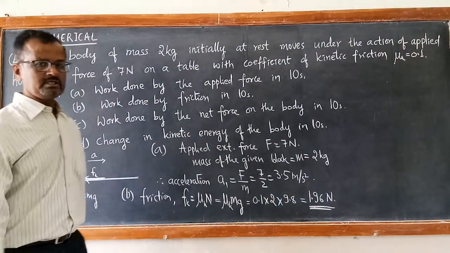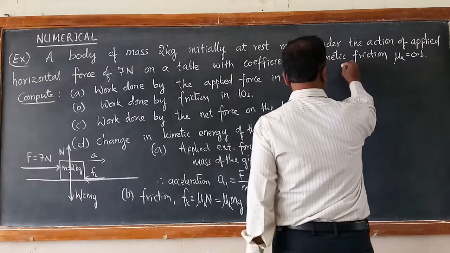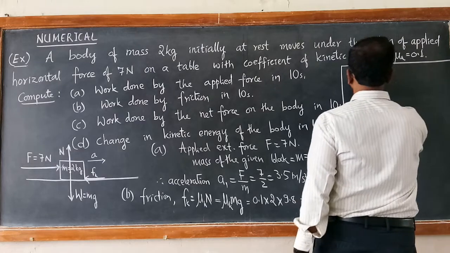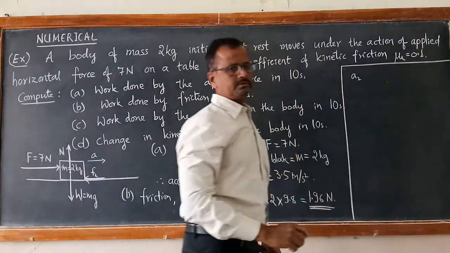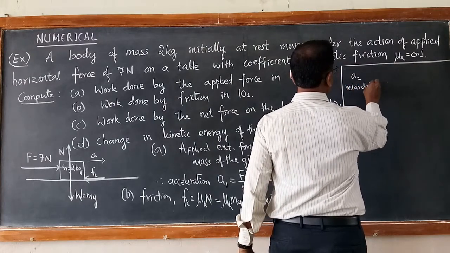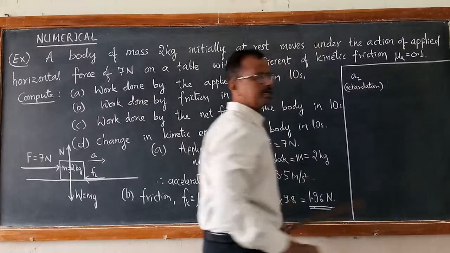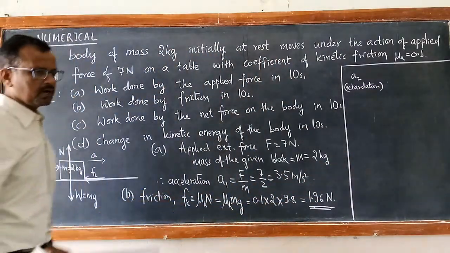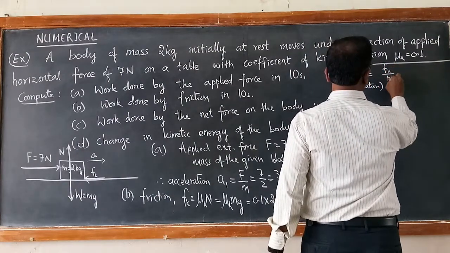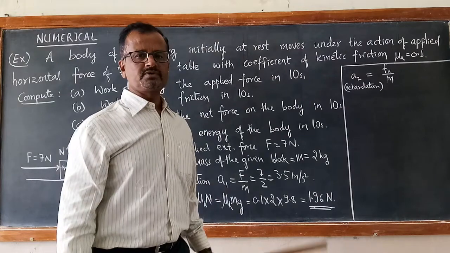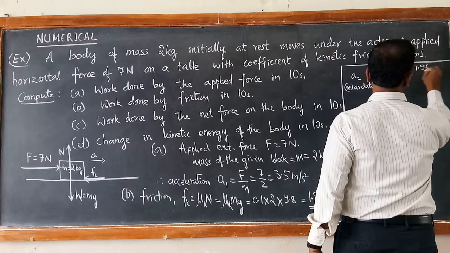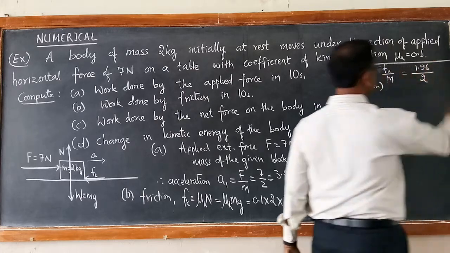So what is the acceleration due to frictional force? Let us call that acceleration A2. Therefore, A2, this we can write as retardation due to the opposing frictional force, equal to Fk divided by m. Same, Newton's second law: force of friction divided by mass. Fk is 1.96 and mass is 2 kg.